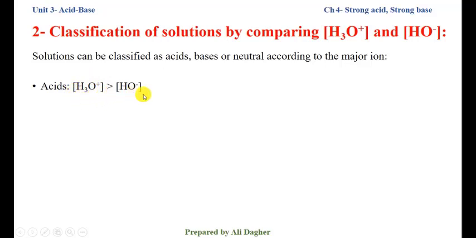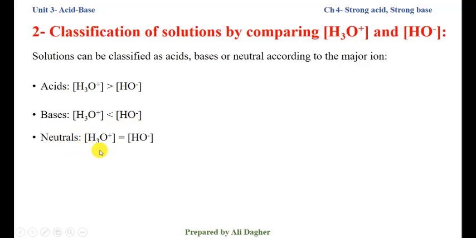In basic solutions, the major ion is the hydroxide ion, and the concentration of H3O+ is less than the concentration of HO-. In neutral solutions, there is no major ion; the concentration of H3O+ equals the concentration of HO-.